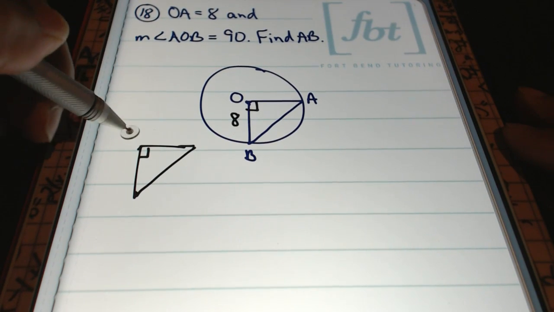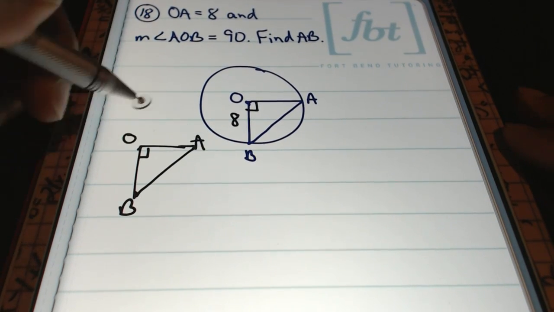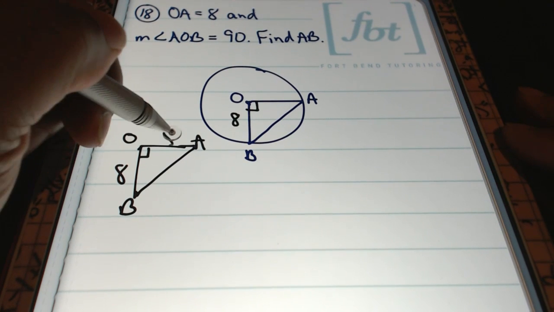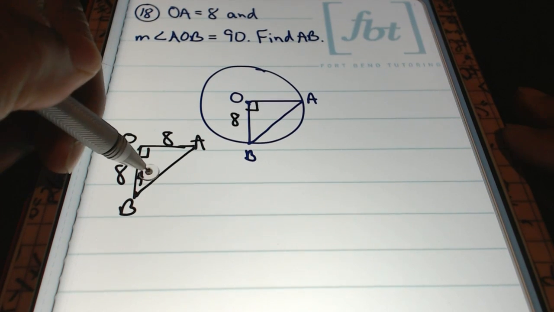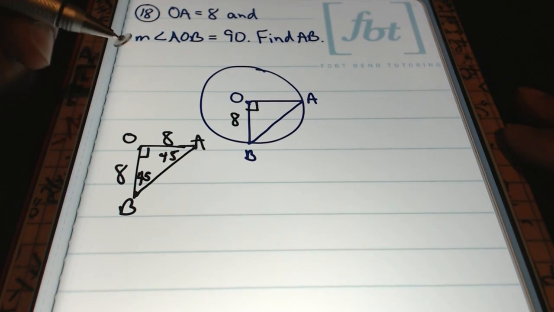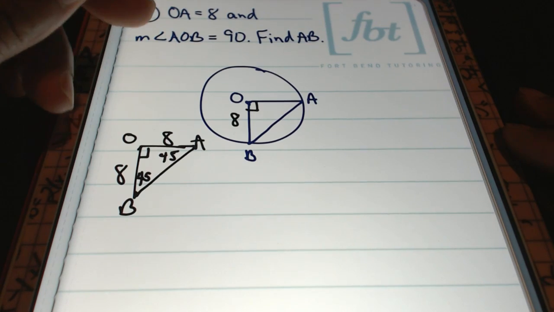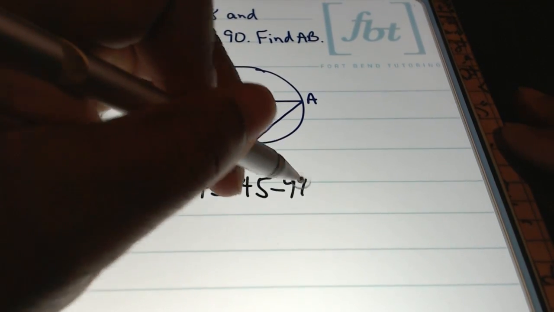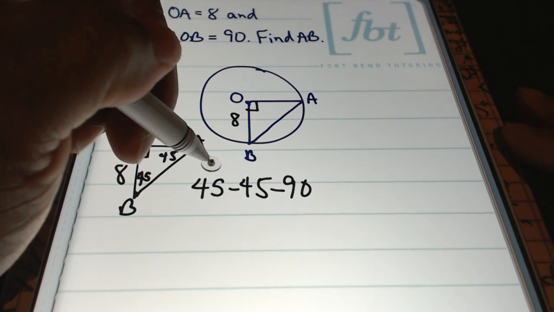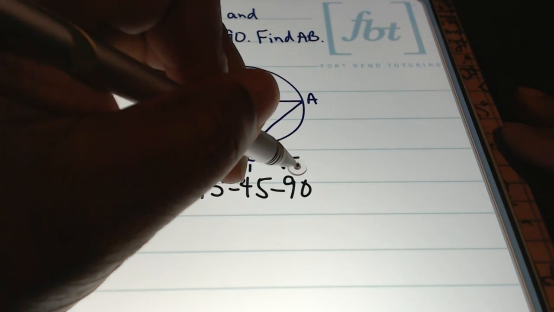Because OB has a length of 8, OA must also have a length of 8. And this is what you should recognize as a 45, 45, 90 degree triangle. The relationship for a 45, 45, 90 degree triangle is that the ratio is 1, 1, square root of 2.